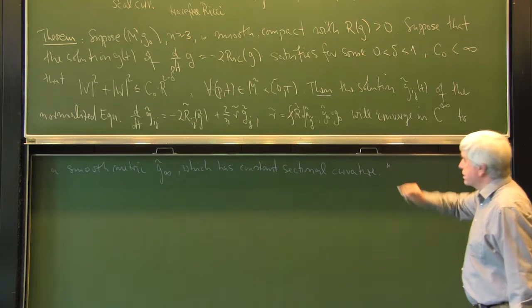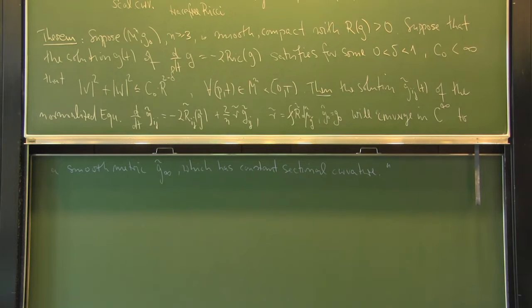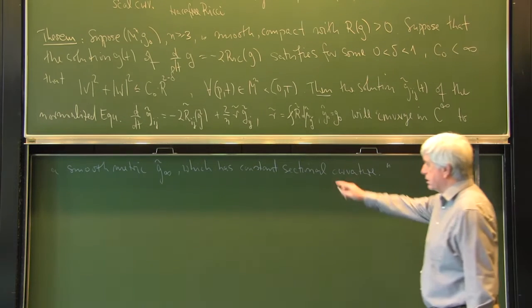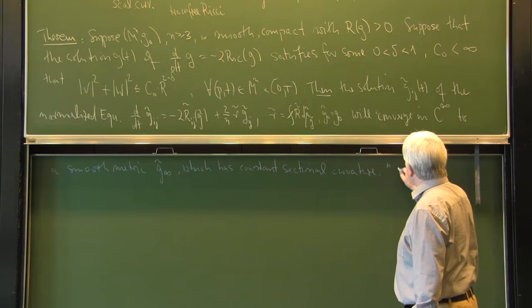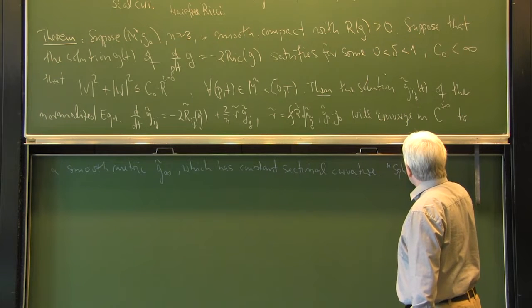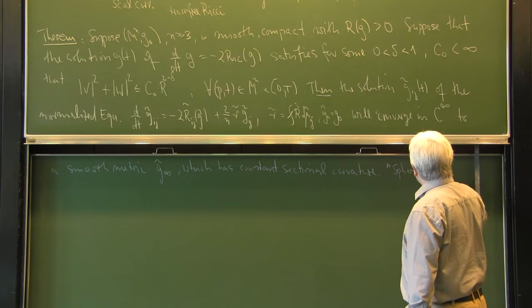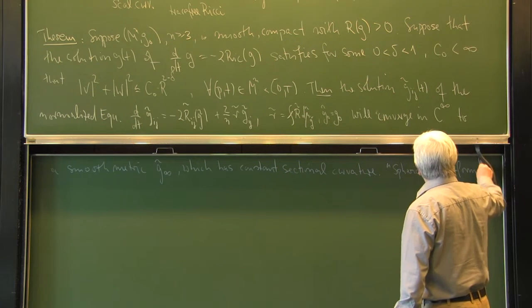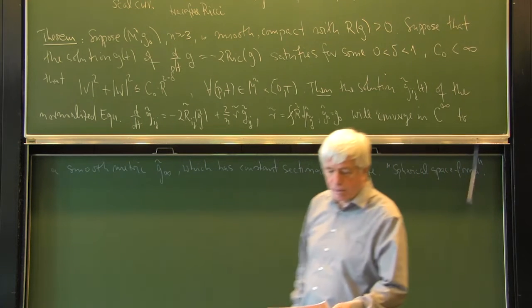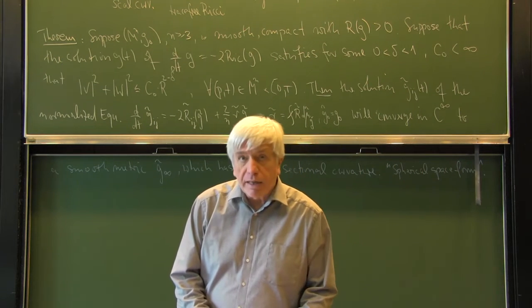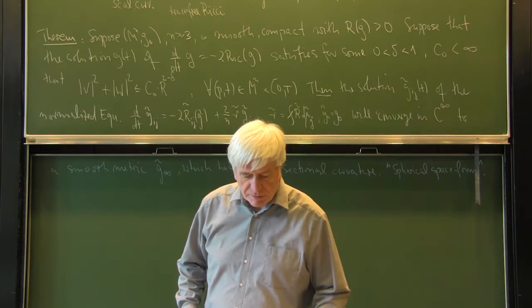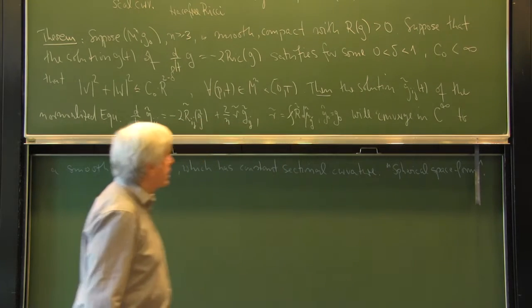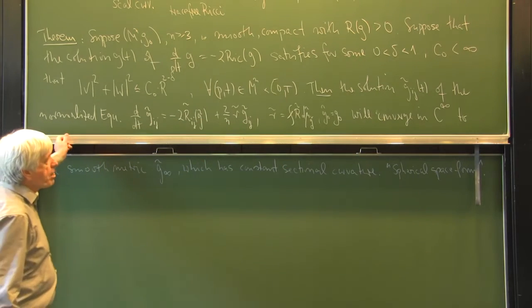And such a space of positive constant sectional curvature is called a spherical space form. That's the theorem. And a couple of remarks are in order.